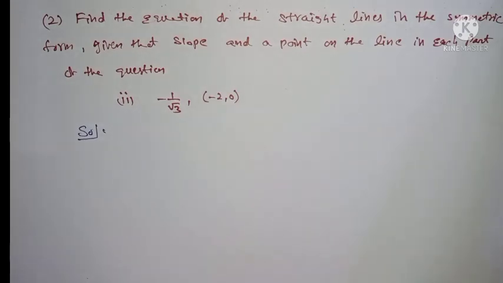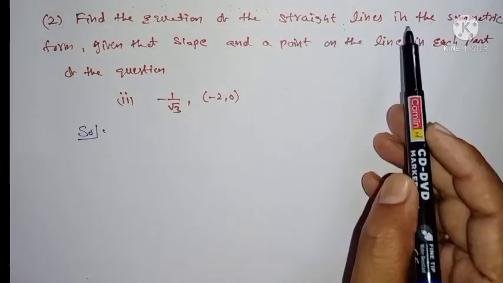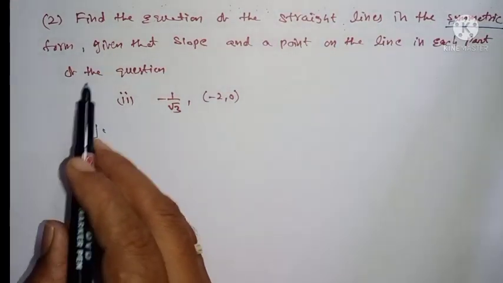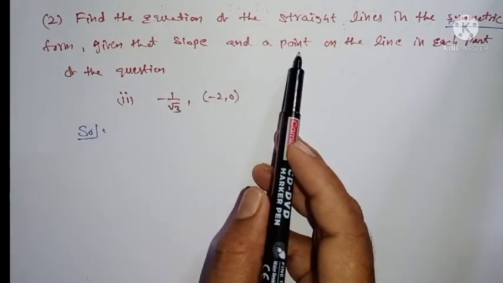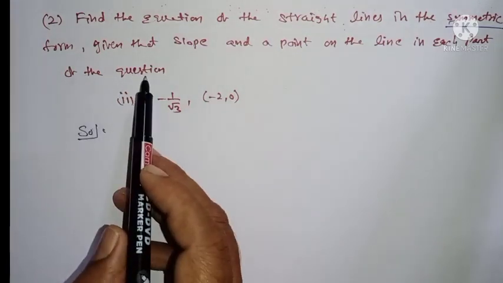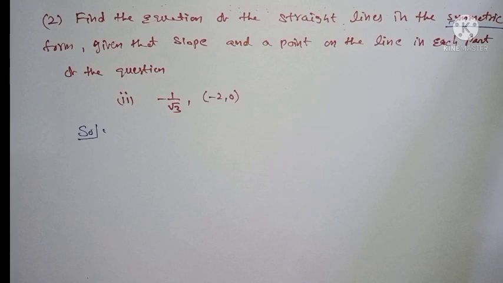Next, second question. Find the equation of the straight line in the symmetric form, given the slope and a point on the line. In this second question also you have 3 problems only. I will explain one problem only, the second one.